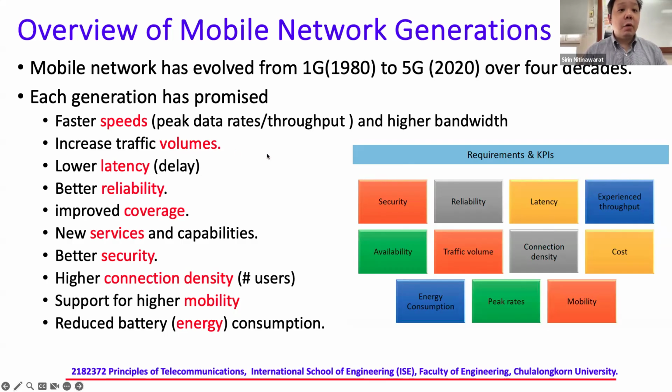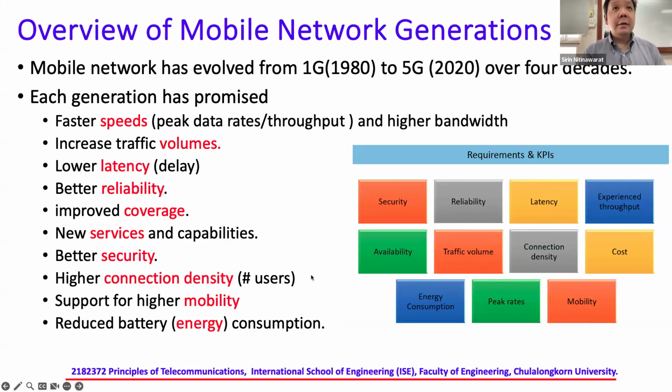Volume is related to both the peak rate and the number of users you can support, so it's similar to, I would say, capacity. The delay should reduce, and in terms of availability or reliability, that should improve as well. We would like to improve coverage, and enable new service categories and capabilities as well.